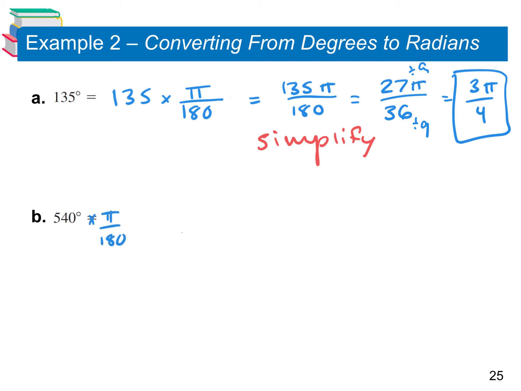Times pi over 180. So I get 540 pi over 180. To simplify, I can cross out the zeros, and then 54 and 18 have what in common? You can divide both by 18. 54 divided by 18 equals 3. So 3 pi.